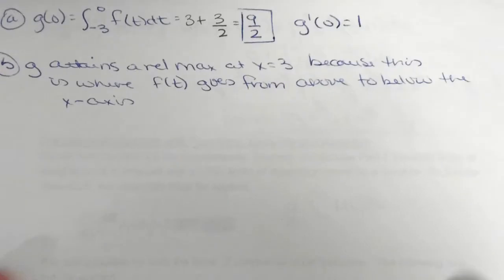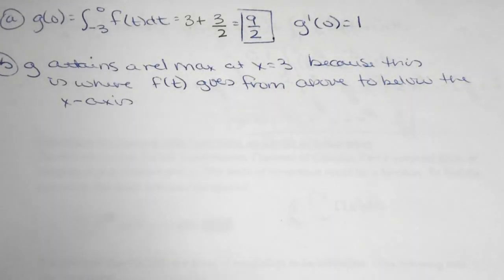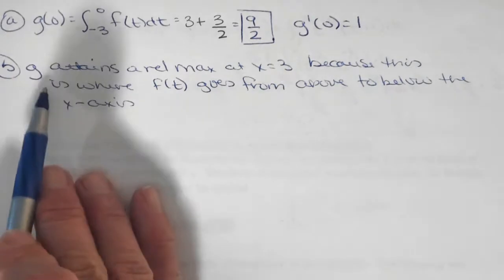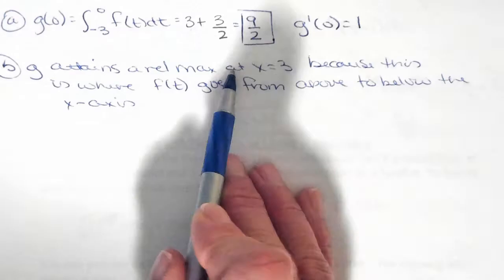Explain how you came to that conclusion. That's exactly what we just did. So just like in English, you have to sort of restate the question in your answer. Here, I'm stating what I'm giving, and this is why.